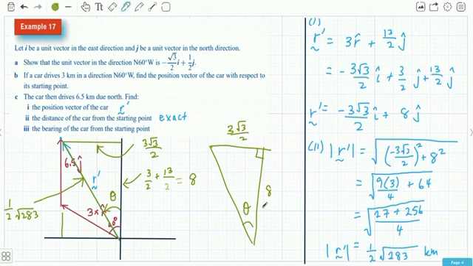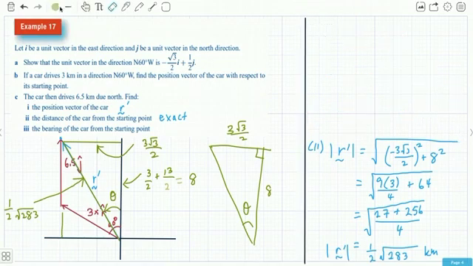We could use tan here for theta, and I'm just going to get rid of this part up here where we found what r dash is. So for our last part, part C, part 3, we've got that angle, theta. Tan of theta equals the opposite, which would be 3 root 3 over 2, over the adjacent.